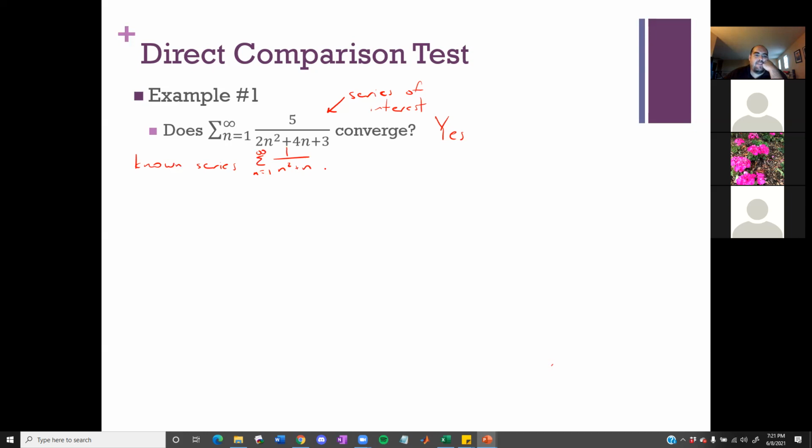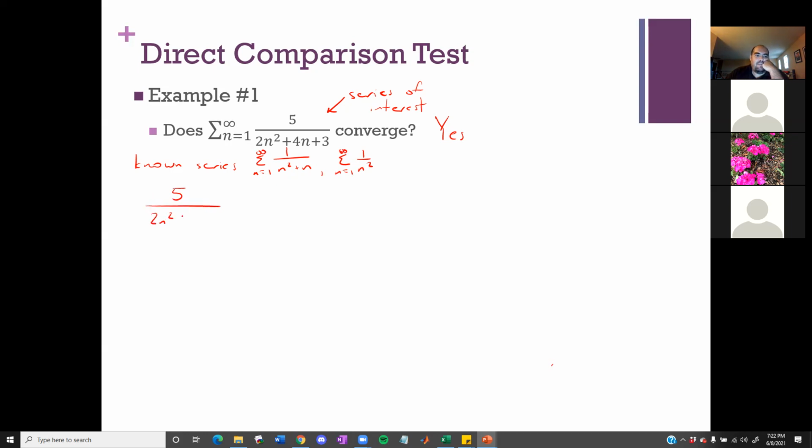So is there something a little simpler? Could I drill down a little further and give us something even simpler? Just 1 over n squared. Yeah, if we can get to 1 over n squared, I can definitely make some assertions there. So let's use that middle step there.